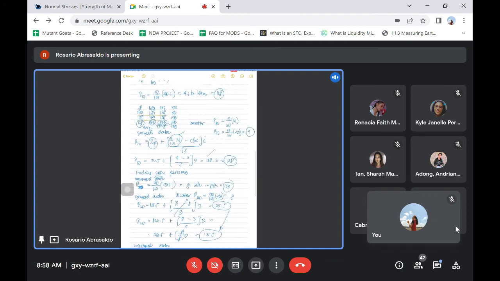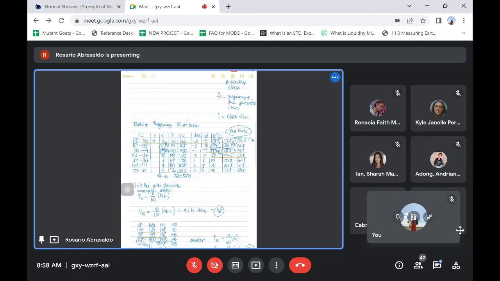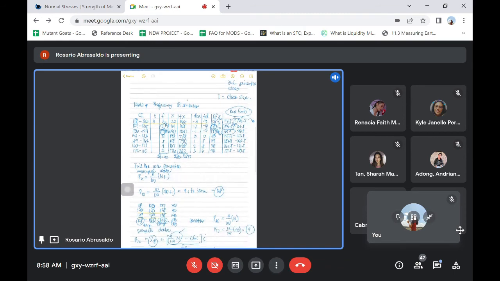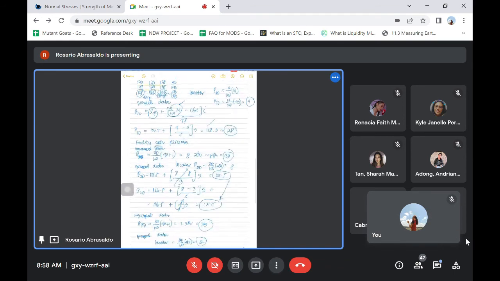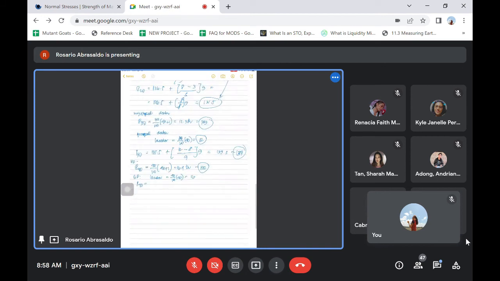So, going back sa atong table, mura gihapon, 135 ra gihapon. F sub P 9. So, that is 135.5, 16 minus 8 ra gihapon to, over 9 times 9. So, 143. Okay, na siya difference ng 1, no?